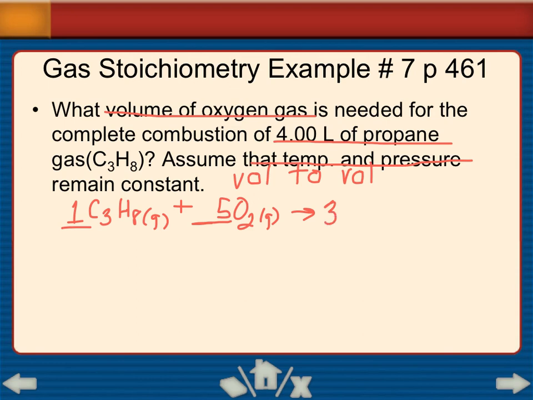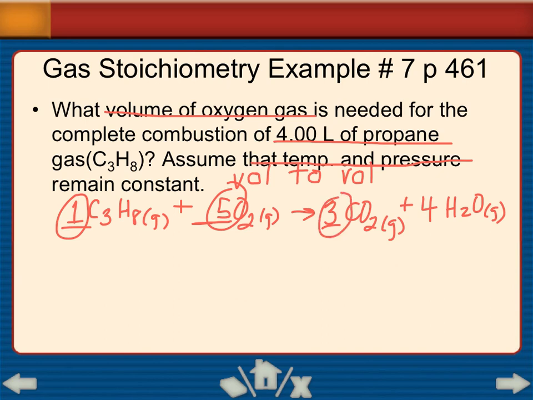It produces 3 carbon dioxides plus 4 water vapor gases. So the coefficients are 1, 5, 3, and 4. And we can think of these all in terms of volumes, in other words, liters.